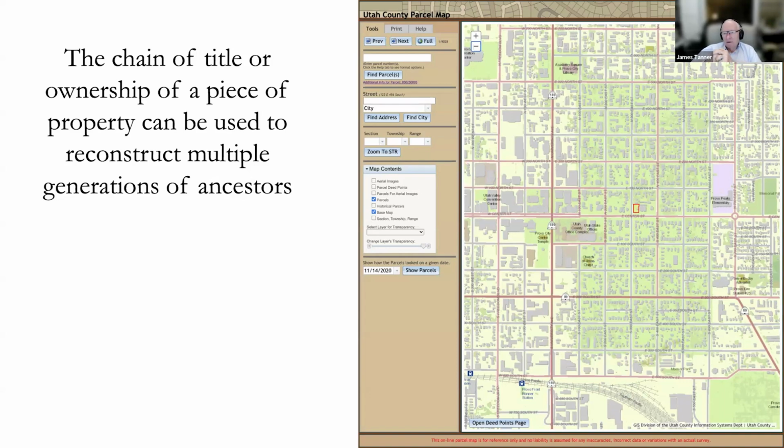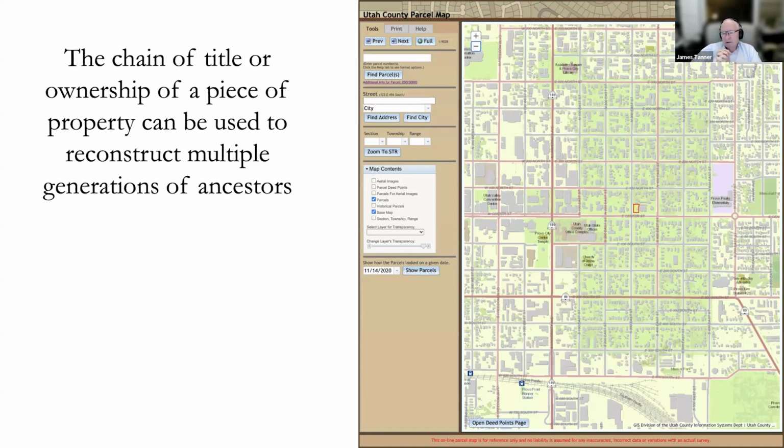Then it will show you the boundaries of the property, and it will go on giving you the whole chain of title of the property. So it's just one lookup and you have the chain of title.